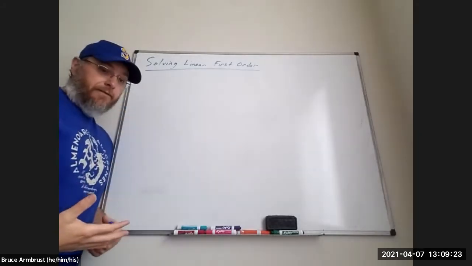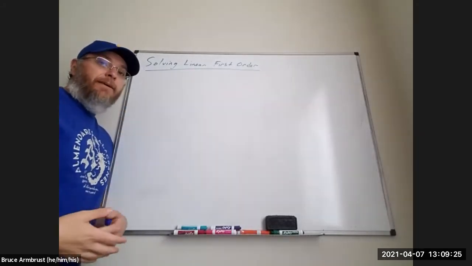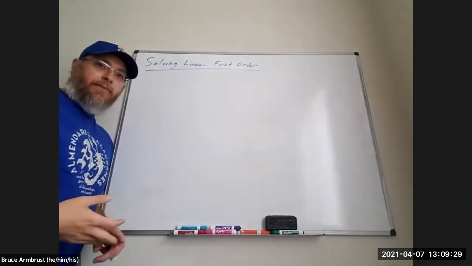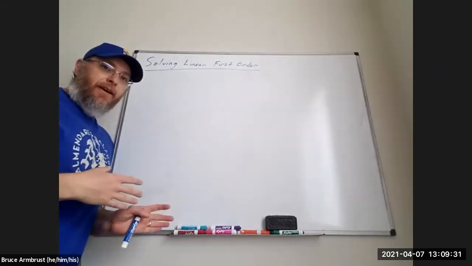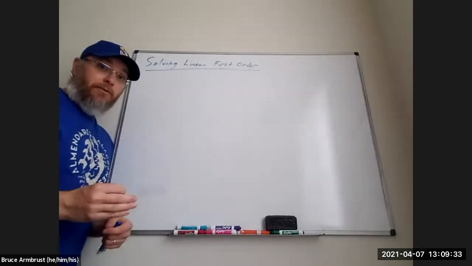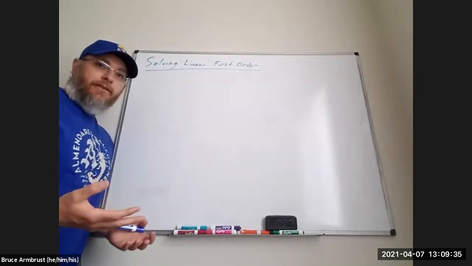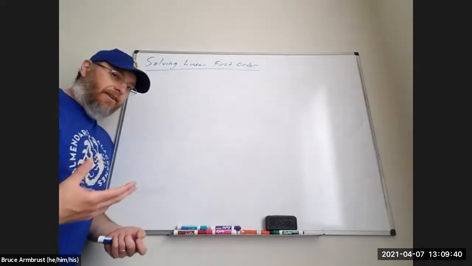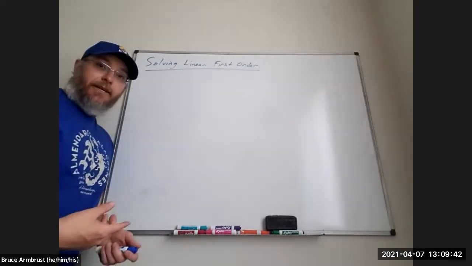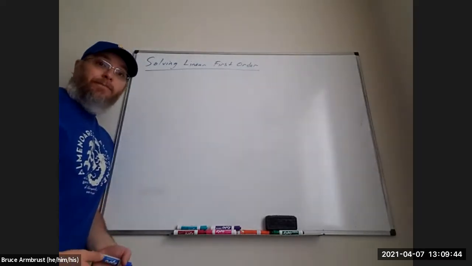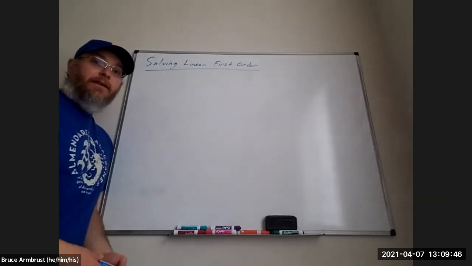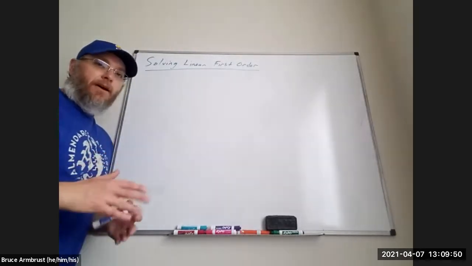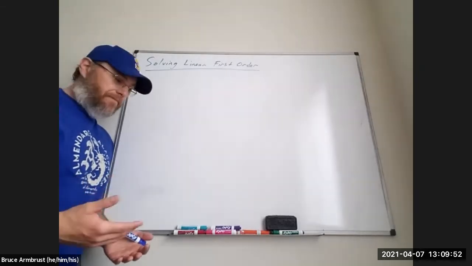Now, linear, again, all that means is that the y's and the y primes, the equation is linear in terms of those. With your other variable, we're talking x or t, you can have x squareds, you can have sine of t, you can have all that stuff and still be linear, as long as your y's and your y primes are not being multiplied to each other, are not being squared, or not being any of the other things that make things nonlinear.